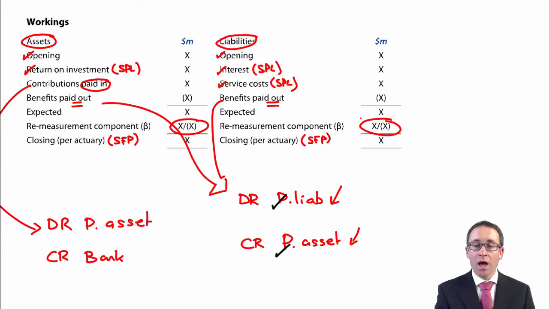Okay. On the liability side, again, if you have an increase in a liability, it's a bad thing, isn't it? So that's a loss. And if your liability's gone down, that's a good thing, isn't it? And therefore a gain. Okay, remember, good things are gains, bad things are losses in the world of accountancy. If you want to go through and think about it in terms of debits and credits, increase in liability, credit liability, the other side is a debit as a loss.